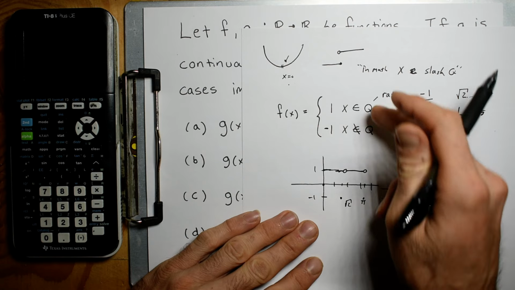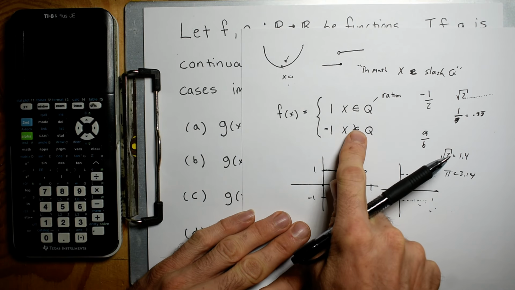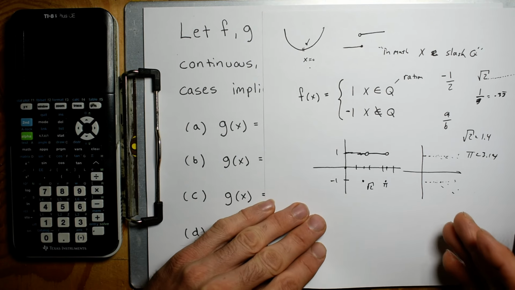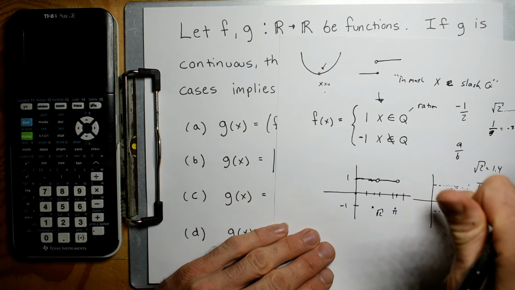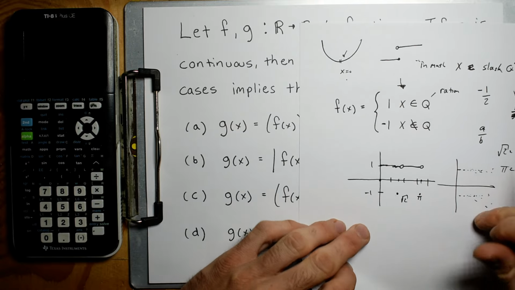So it seems like you could set this up way simpler, but that's how Google AI did it. Now we finally understand that this is a discontinuous function.